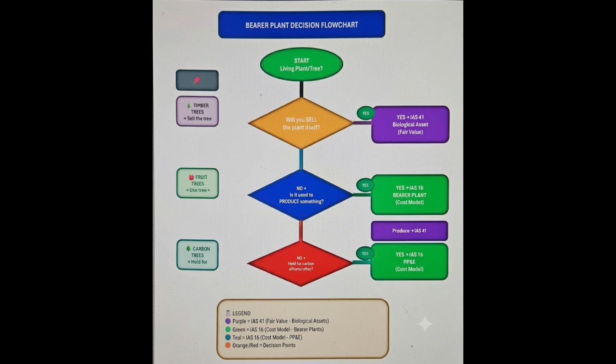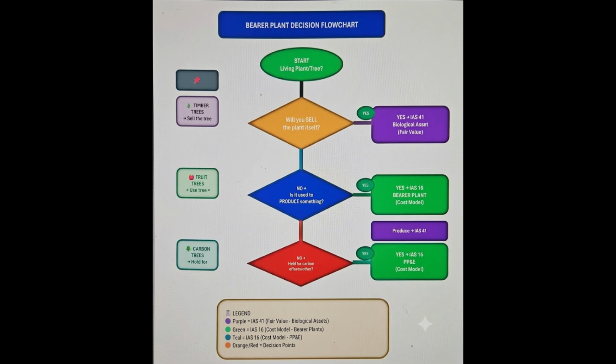If the answer is yes, you follow the green arrow to the right, because it's a long-term asset held for environmental or property benefits. It falls under IAS 16, which is property, plant and equipment, using the cost model.